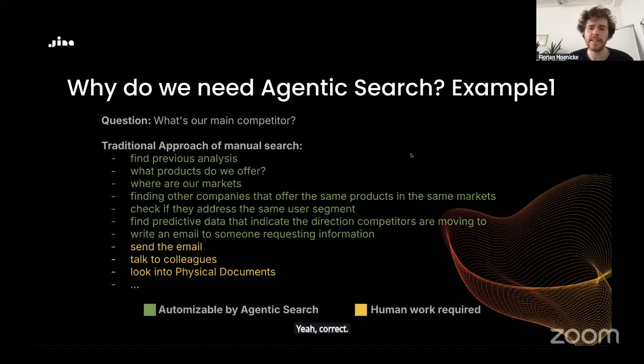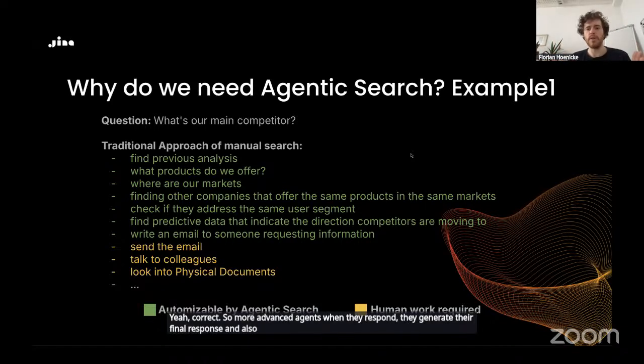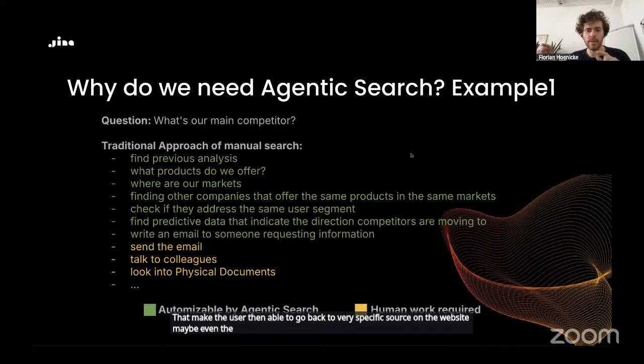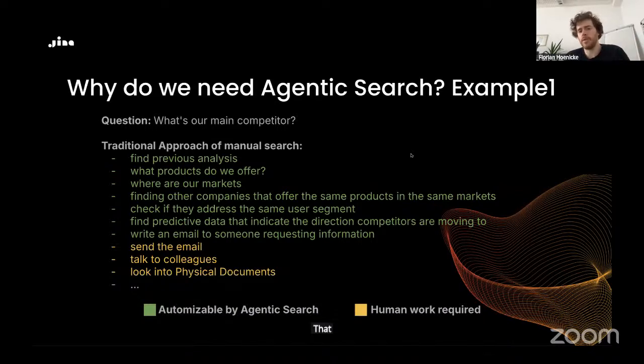More advanced agents, when they generate their final response, also include citations in this response that let the user go back to a very specific source on the website, maybe even the exact line where it got this information from. Then you can build up trust, because you can trace back what a decision made by this agent was based on.